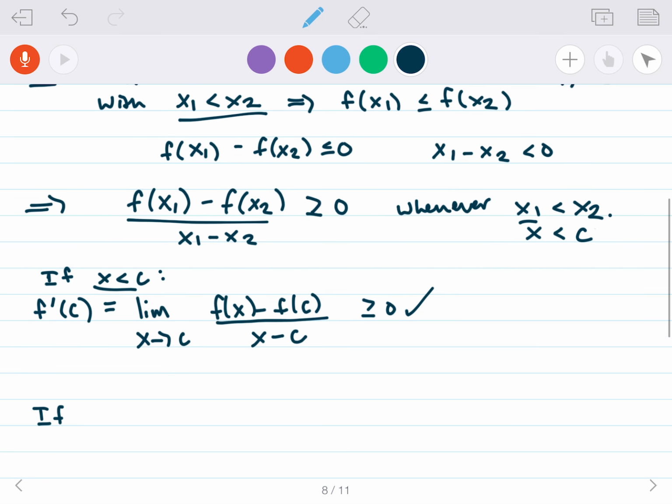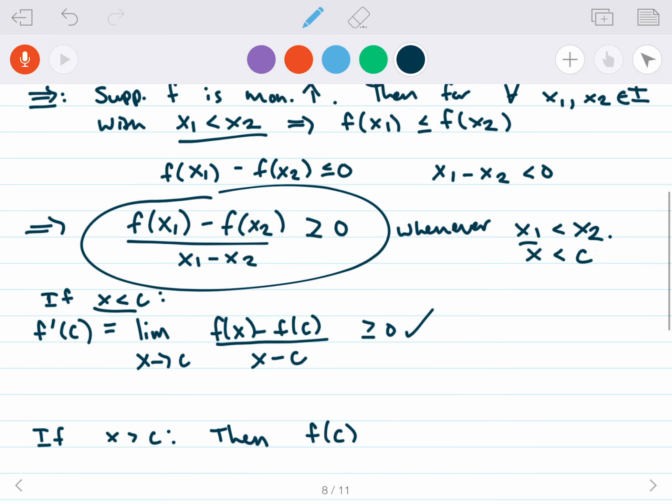Okay, if x is bigger than c, then we have f of c. Again, we're using this piece right here. Okay, so we have that x1 is less than x2. So here we're using c in replacement of my x1, and we're using x in replacement of my x2.